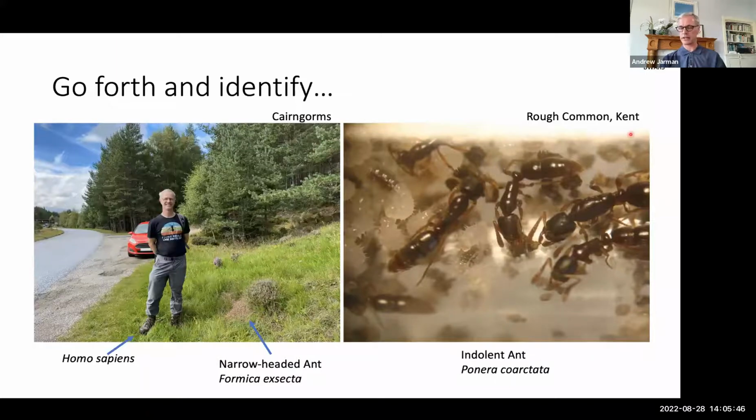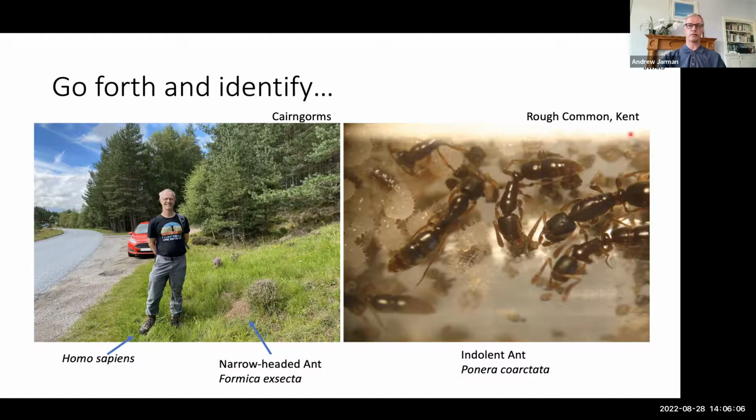Okay, so that is all I want to give for my introduction to identifying ants. I've clearly made a lot of generalizations and simplifications in order to try and help you get started in identifying ants.